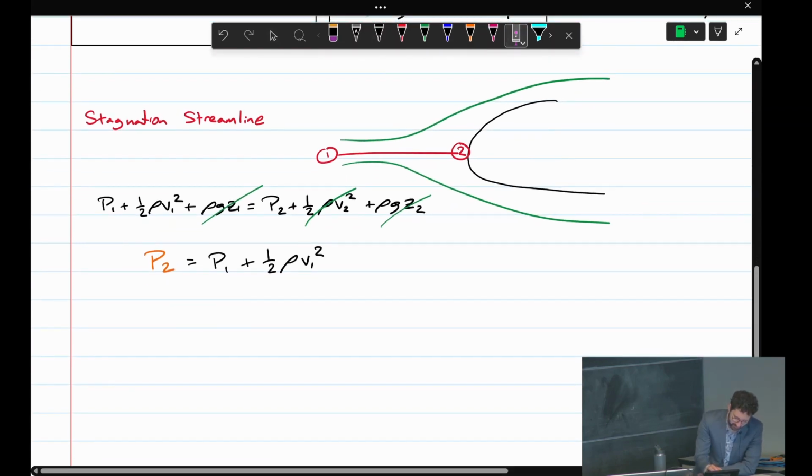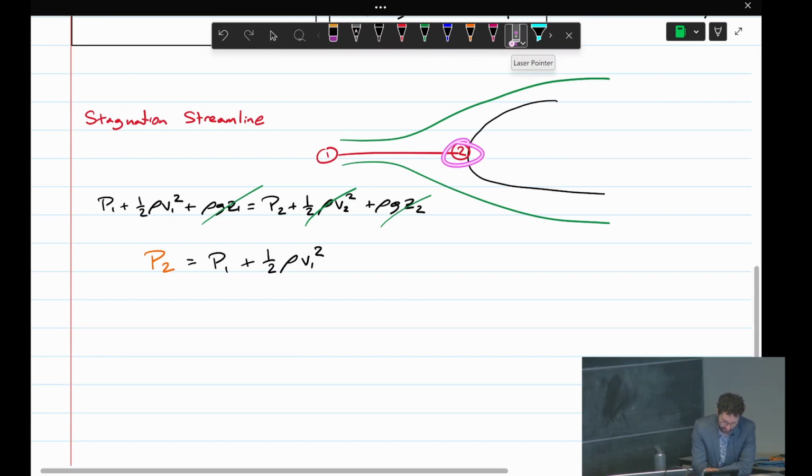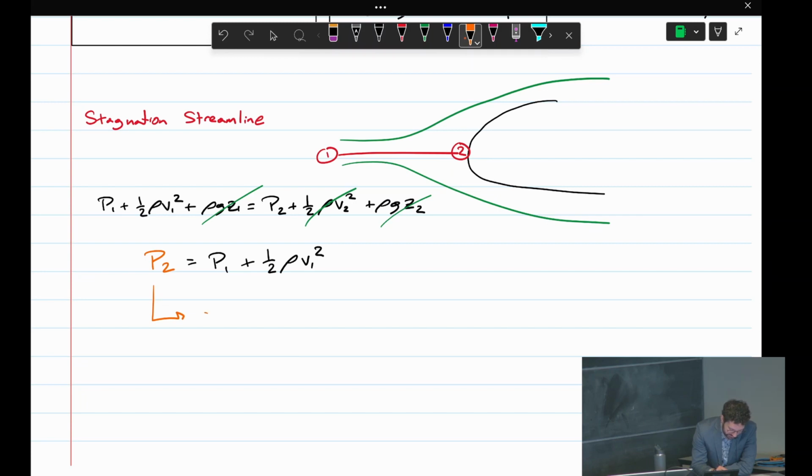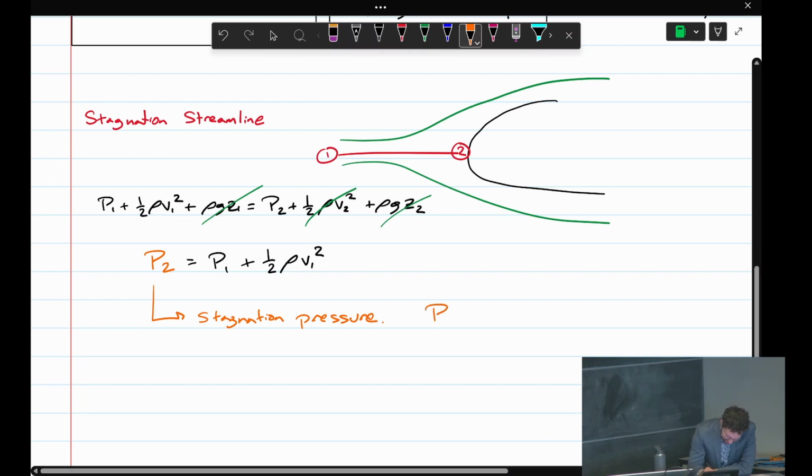So that's the pressure at point 2, and this is called the stagnation pressure. It's usually called P stag, so that we know it's stagnation pressure, and that's P plus 1/2 rho V squared.